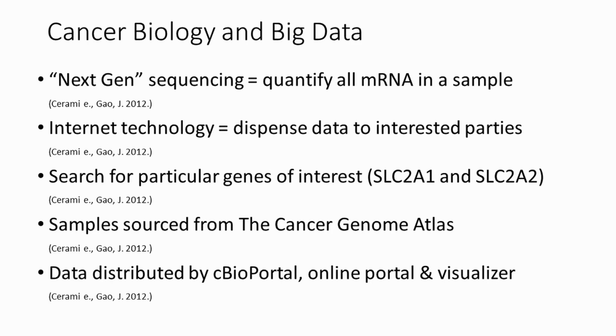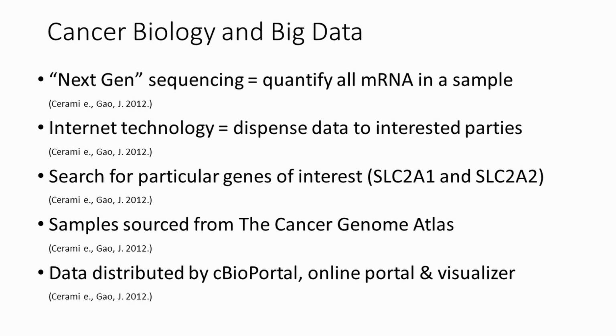So we'll attempt to get to an answer to that question with data provided through next generation sequencing technologies, technologies that allow us to quantitatively measure the amount of all of the mRNA, which is like the blueprints for proteins, in a sample. The internet has given us portals to distribute these.